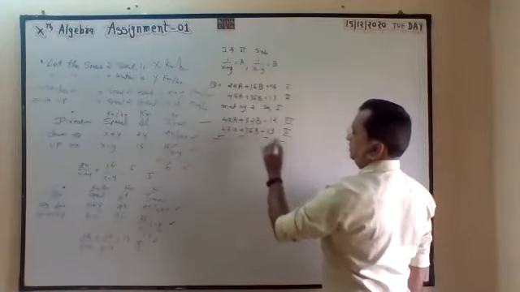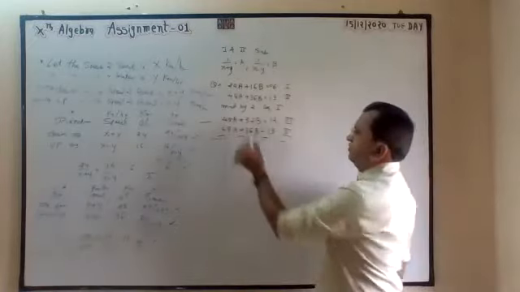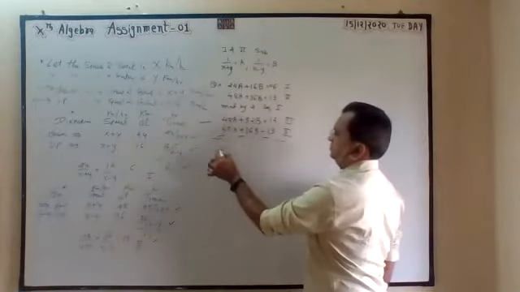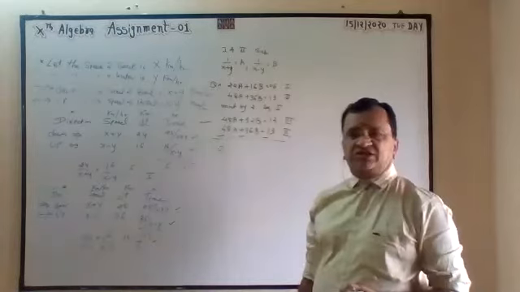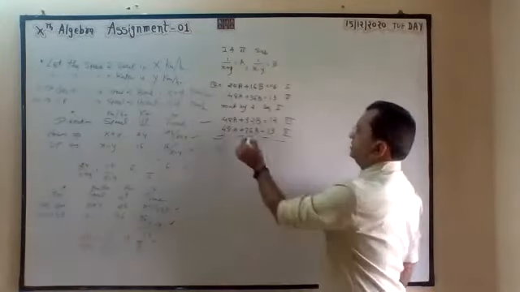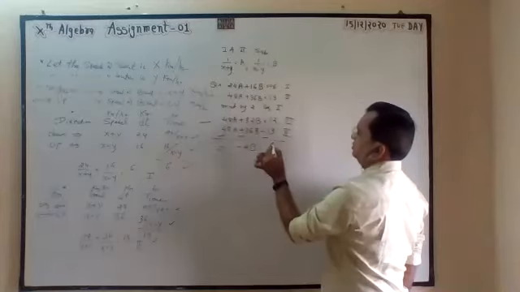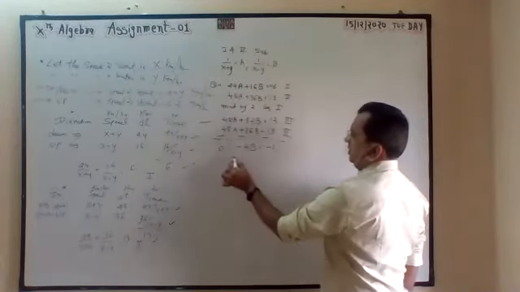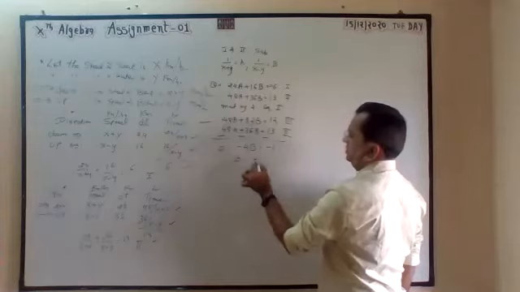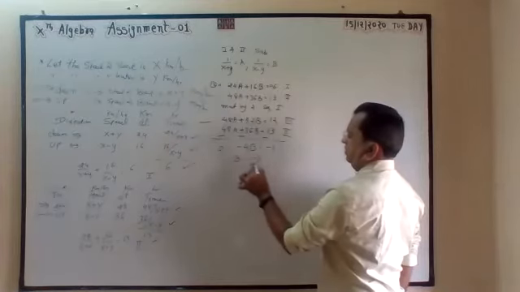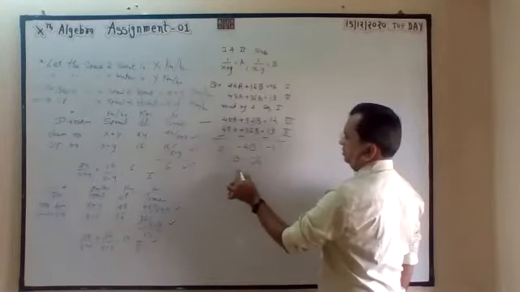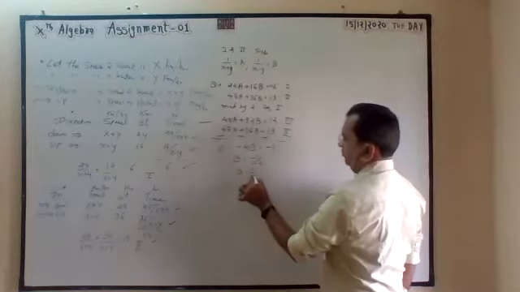Minus, minus, minus. 48 minus 48, 0. 36 minus 32, it is 4. But bigger figure minus this. So B is equal to 1 by 4.